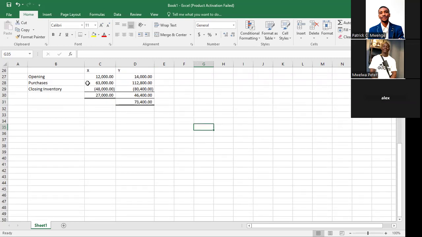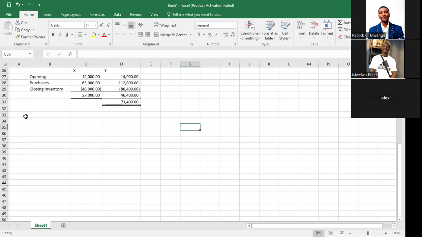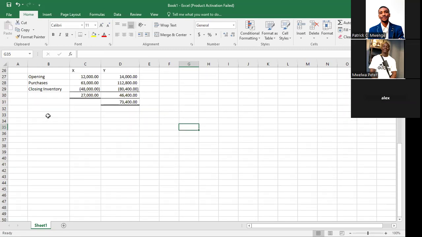mix variance. So how do you find the material mix variance? I don't know if anybody remembers the format. Yes, it's the product. So you put the product there, you put the standard, and then you've got the actual usage.